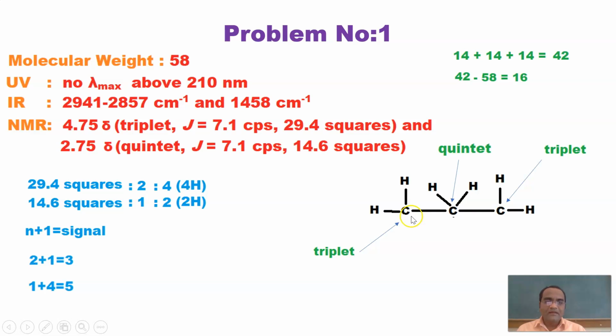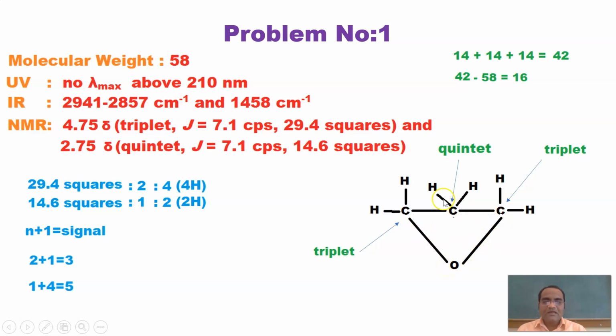So we need to apply logic: which kind of atom gives a molecular weight of 16? According to that it will fit. Oxygen is an atom that fits with 16. The number of bonds, carbon having each bond, is also satisfied.